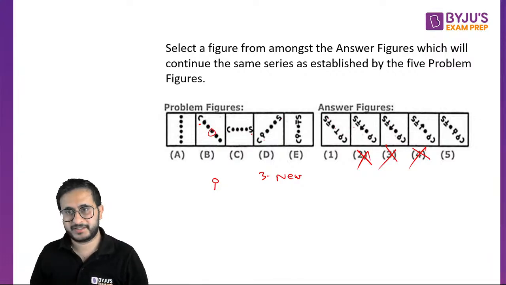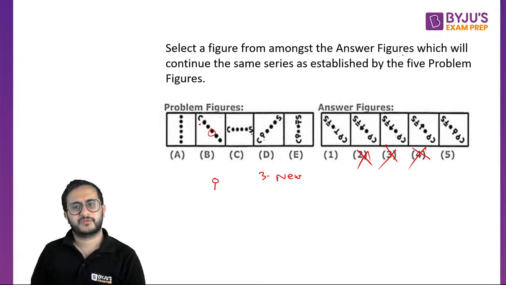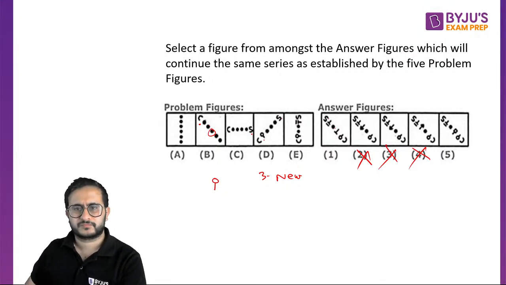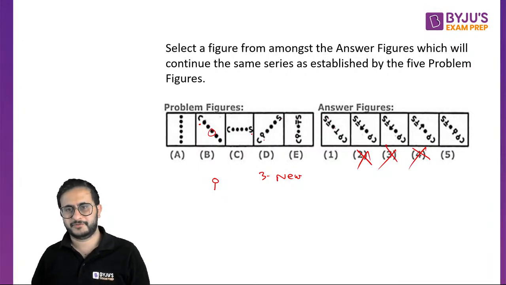Okay, so now it is interesting to find out which will be the answer. So 1 or 5, both are confusing. One is also correct, 5 is also correct. ठीक है, दोनों ही हो सकते हैं.